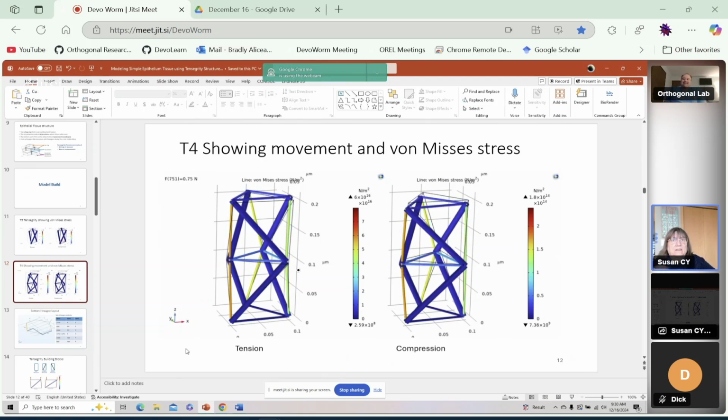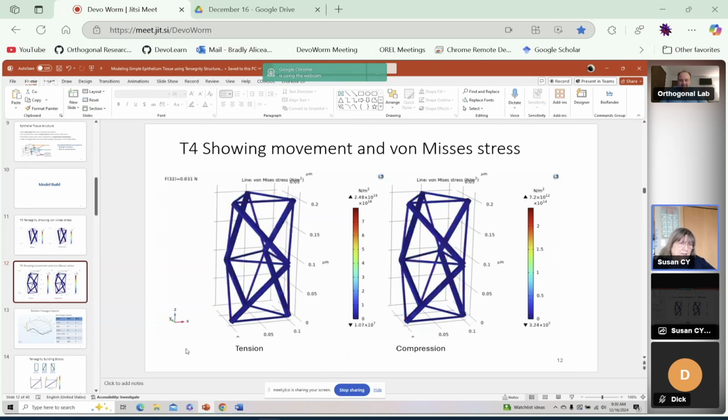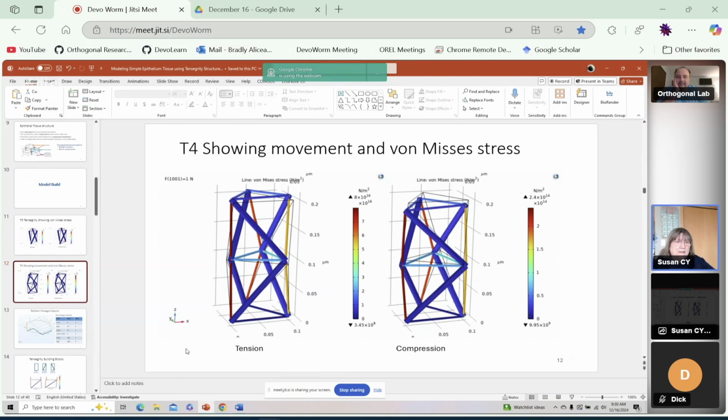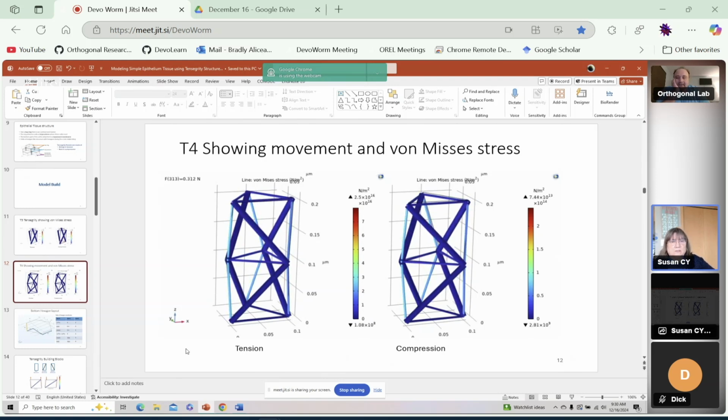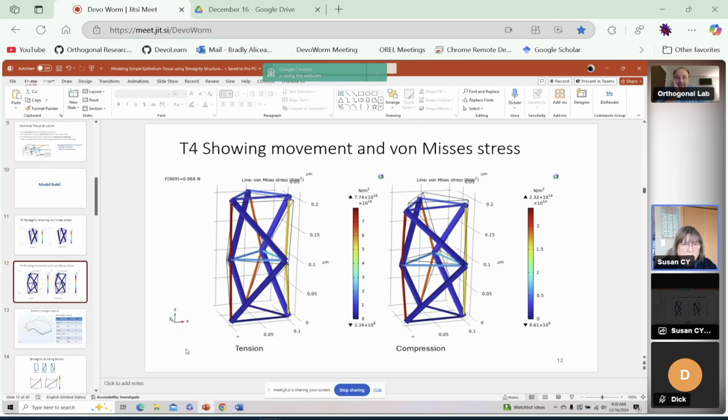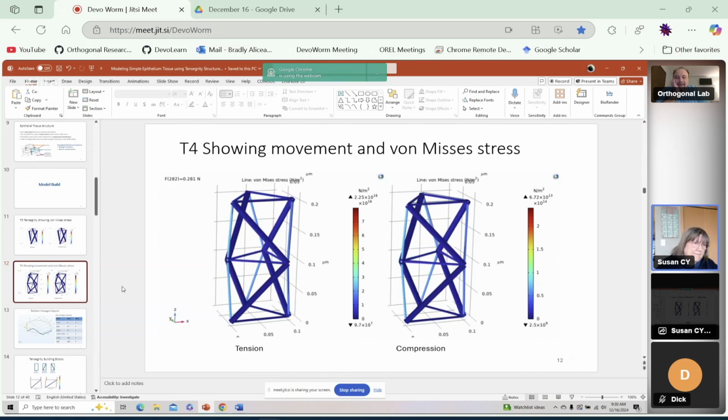I had to feed it individual forces in order to get it to work, and these structures, probably because they're a triangle, worked fine with their automatic changing of forces between two limits, but not the other one.